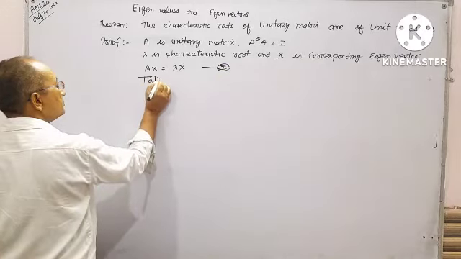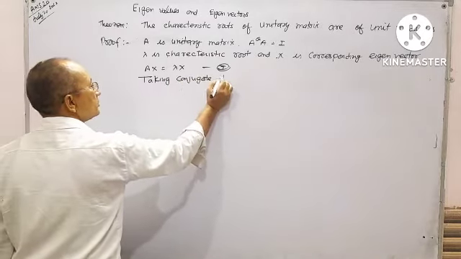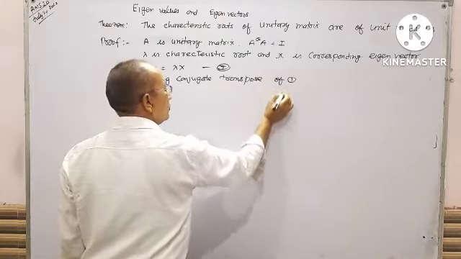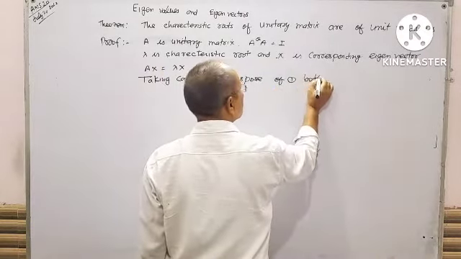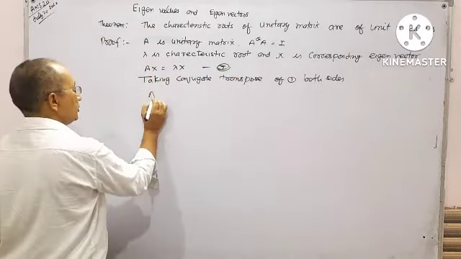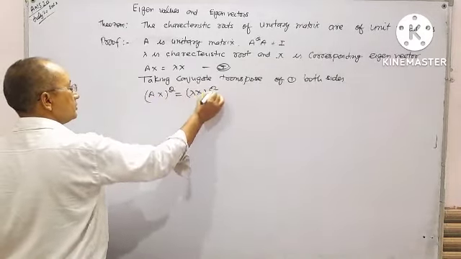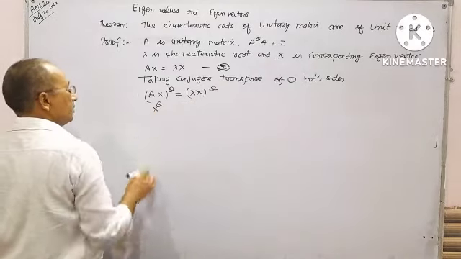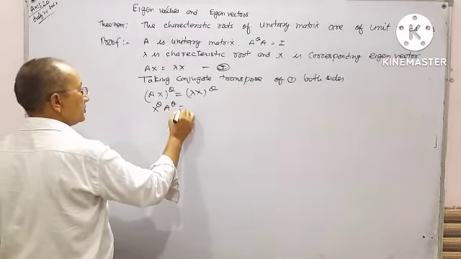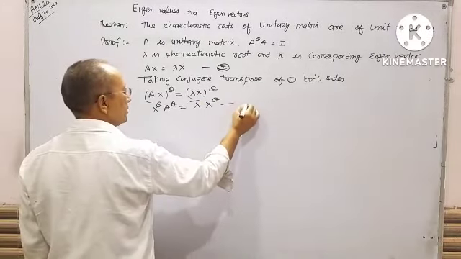Taking conjugate transpose of 1 both sides, then (Ax) conjugate transpose equals (lambda x) conjugate transpose, or we can write x conjugate transpose A conjugate transpose equals lambda conjugate x conjugate transpose, that is 2.